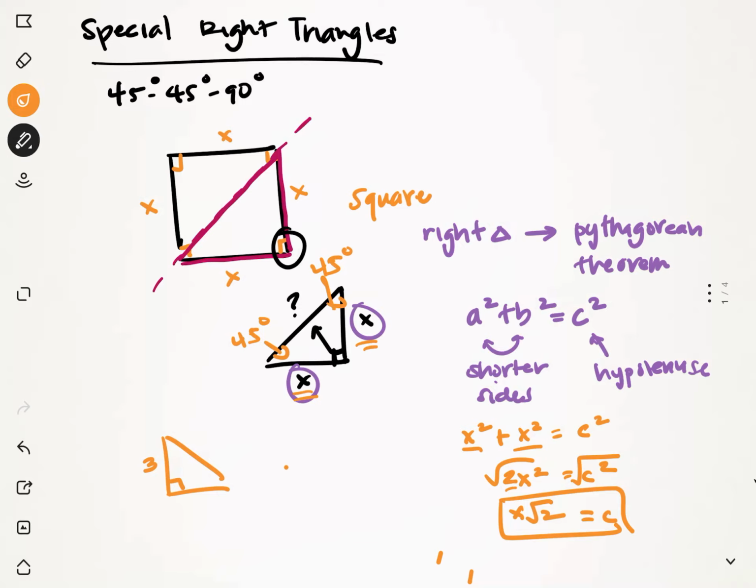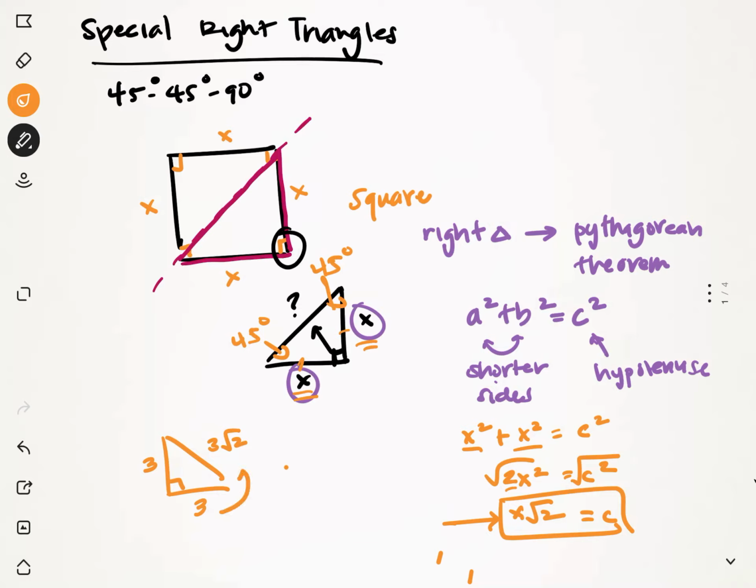If we're trying to find the other sides for this special right triangle, we know that the 2 shorter sides are both the same, so the other side is going to be 3. And the hypotenuse, from what we just did, is going to be 3 times radical 2. So it's pretty straightforward.